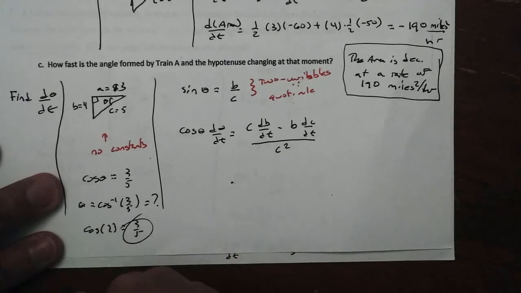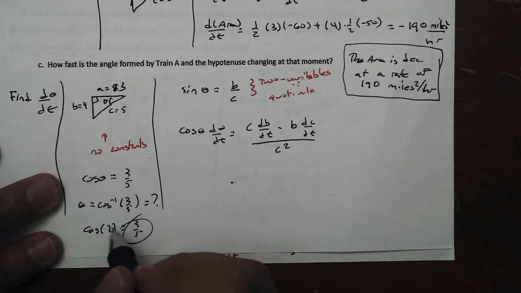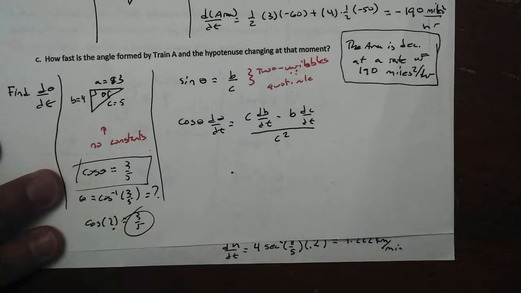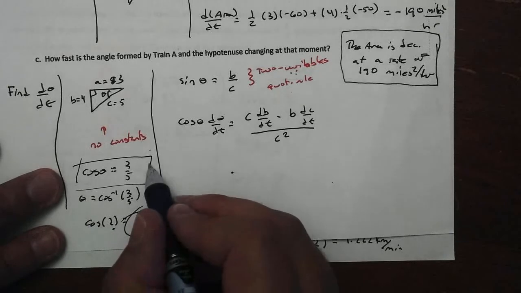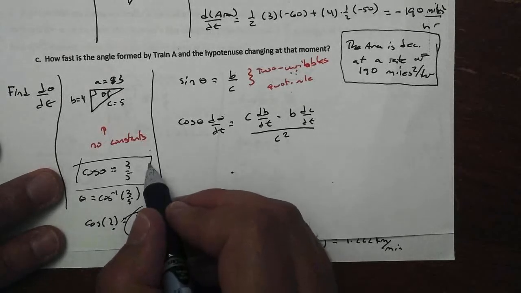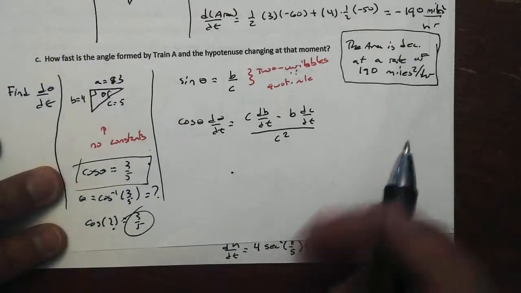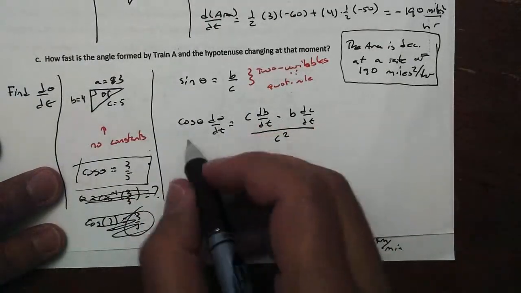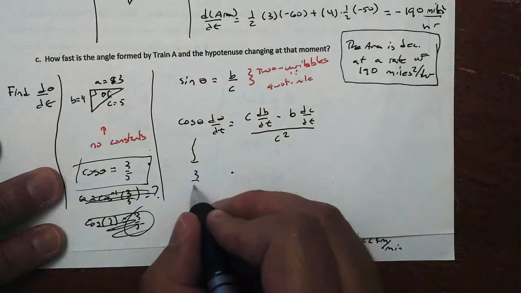Oh yeah, 3/5. I see people do this all the time. They actually write down what cosine of theta is, and then they find that angle, and then they use that angle to get the 3/5 again. And then they just stare at me like, yeah, that's what we're supposed to do. No, don't do that ever. We already have it. You can do this, it's just a waste of time. Cosine of theta we know is already 3/5.